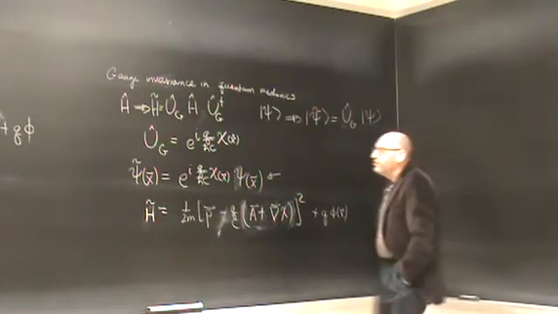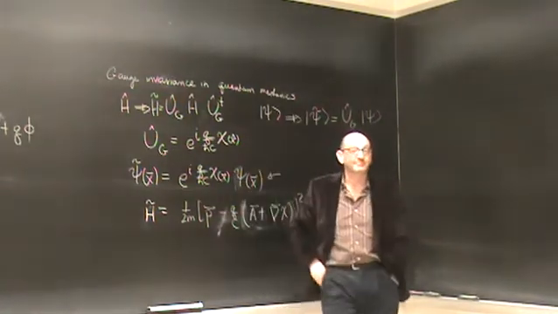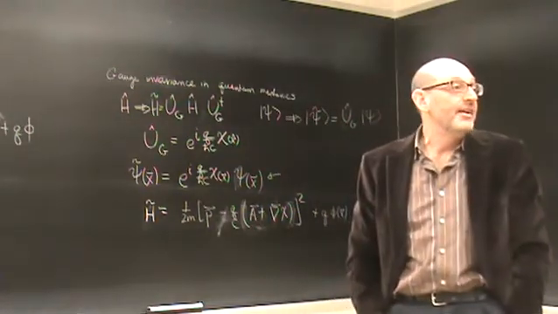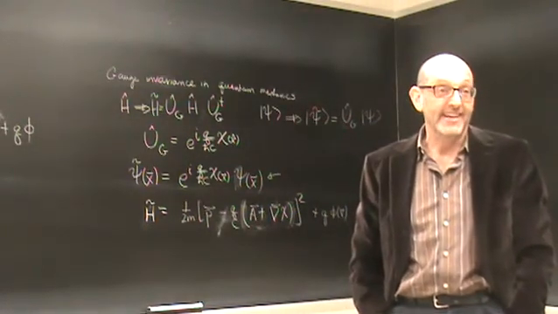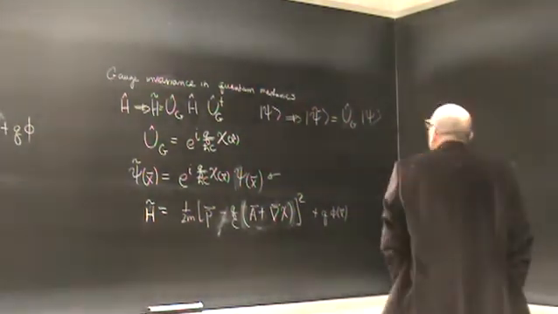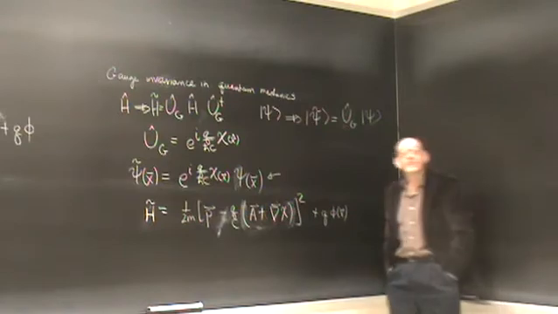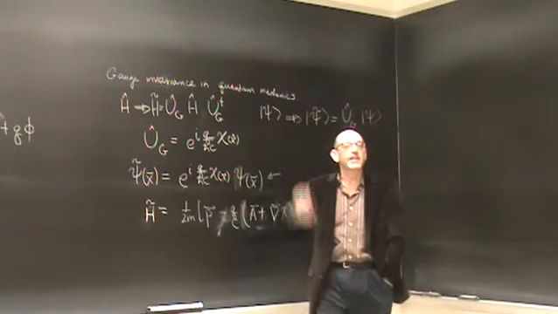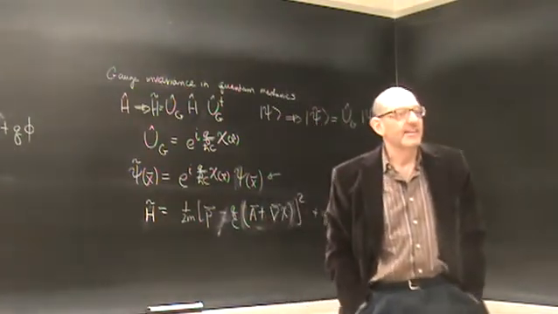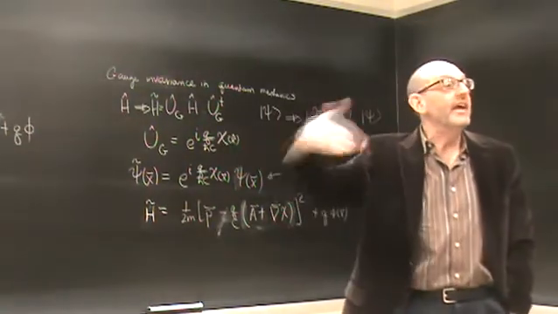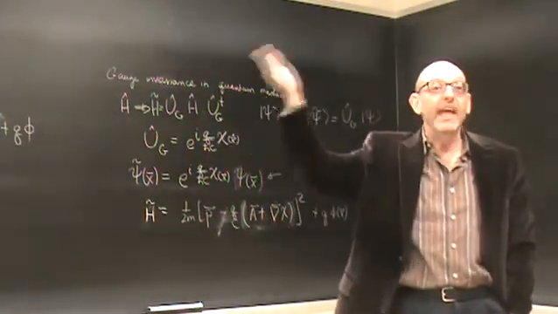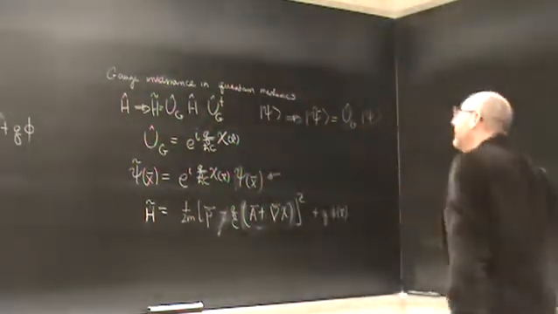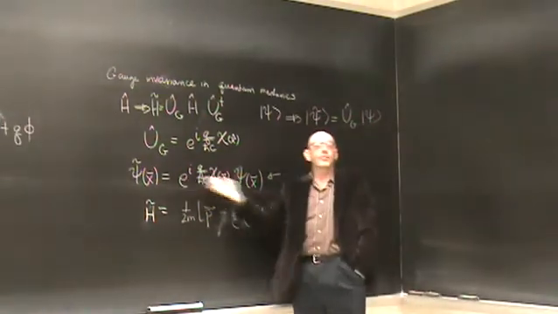But that overall phase is a function of position. And as we discussed at the very end of lecture last time, we can turn that argument on its head. We can say, it must be the case that if I take the wave function and transform it in this way, I don't change the physics, because we can always put an overall phase in front of the wave function without changing any of the probabilities for any outcome. So the physics must be invariant under this change of the wave function.